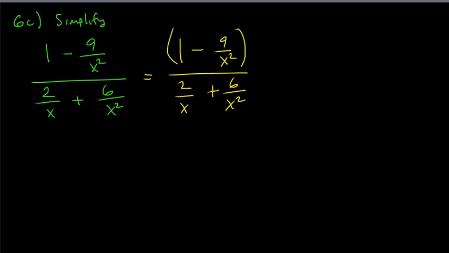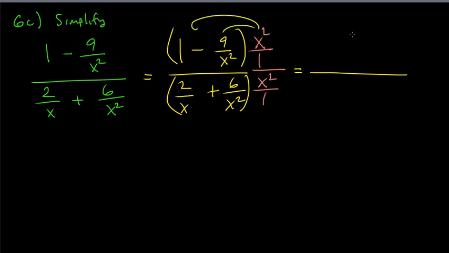Okay. So I'm going to multiply top and bottom by x squared. But only in the numerators. Only in the numerators. So when you do that, again, you have to distribute here. This is going to be x squared over 1 minus 9x squared over x squared in the numerator.